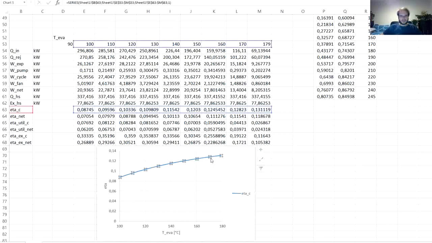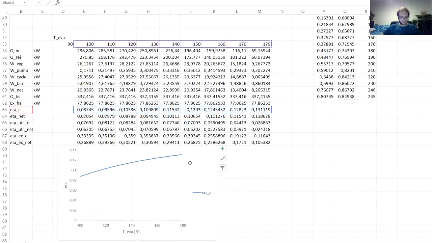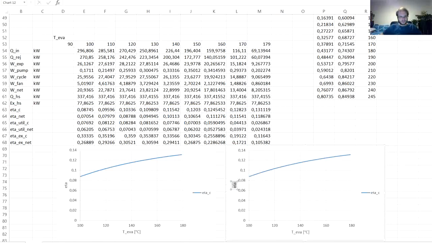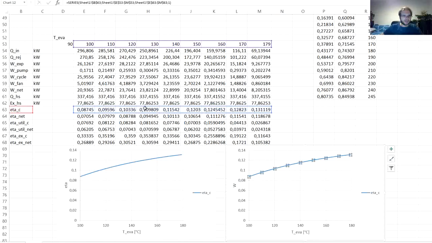But now let's put aside a new graph where we will have a look at the work of the cycle.